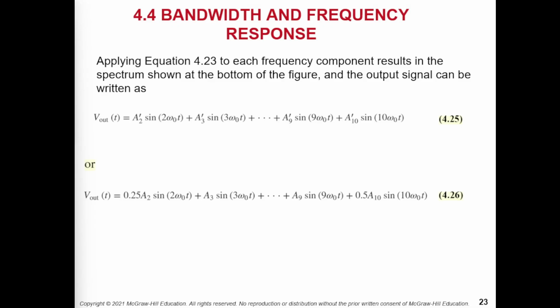Anyway, it's 0.5 times the original value of A10, and this is sine omega t, where omega is 10 omega 0, the 10th harmonic. So the original continuous signal can be represented using this Fourier series polynomial.